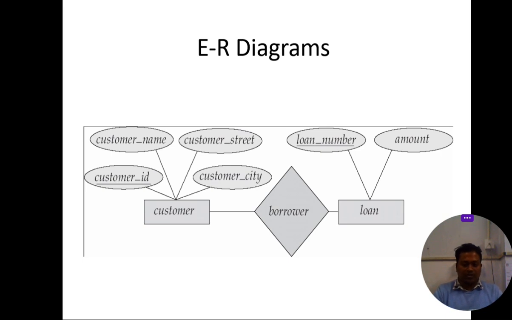Borrower is the relationship set, and customer and loan are the entity sets. Lines link attributes to entity sets and entity sets to relationship sets. Ellipses represent attributes. So the attributes here are customer ID, customer name, customer street, customer city, loan number, amount. So they are the attributes. Dashed ellipses denote derived attributes. So here customer ID and loan number are shown as derived attributes. Underline indicates primary key attributes. We'll study it later.